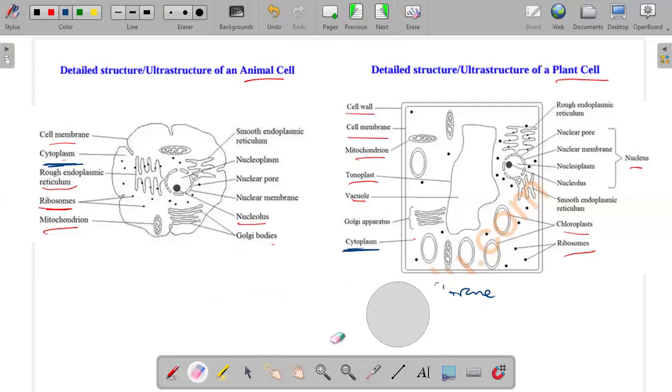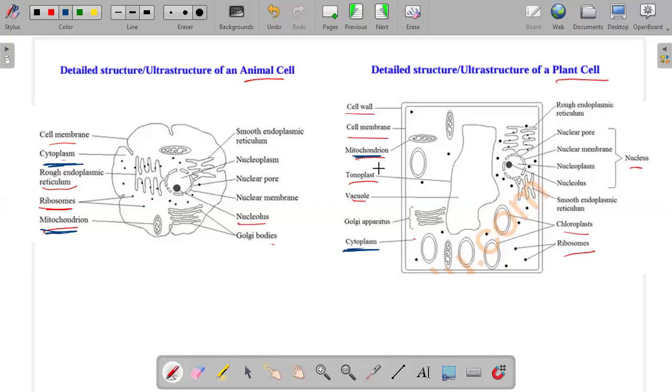The next part that we are looking at is the mitochondria. Here it is, the mitochondrion. A single one is a mitochondrion; the plural is mitochondria. On the plant cell side, you have it there too.